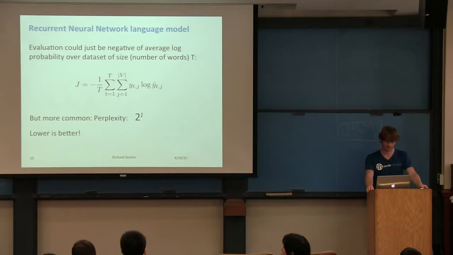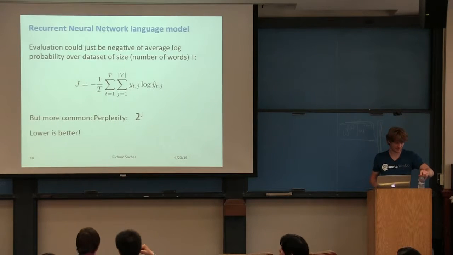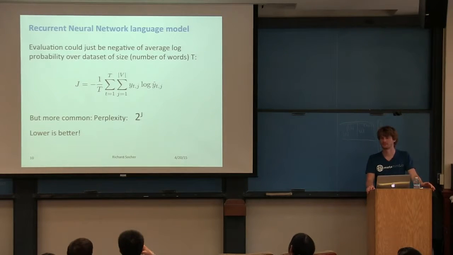Yeah? Can you give some intuition as to why that amounts to perplexity, like the word perplexity? So perplexity means, I guess, confusion, kind of. Right. So why does taking 2 to the cross-entropy do that? Right.